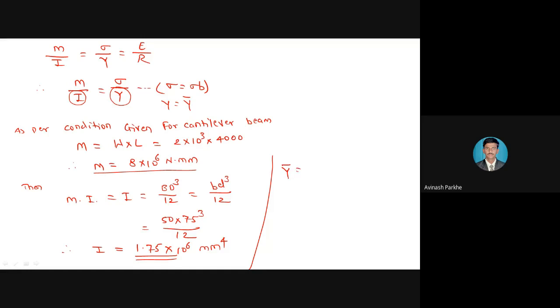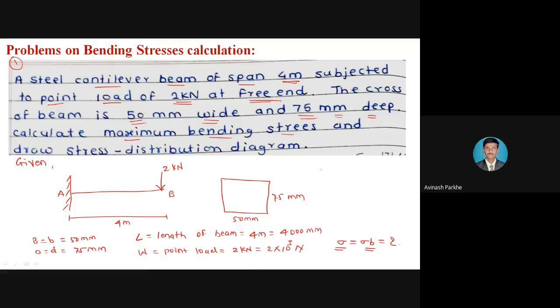Y, or Y bar, is equal to, tell me from this particular figure, where is the CG of that particular rectangular section? 75 divided by 2. That means exactly at the center you will get the CG of that particular section.